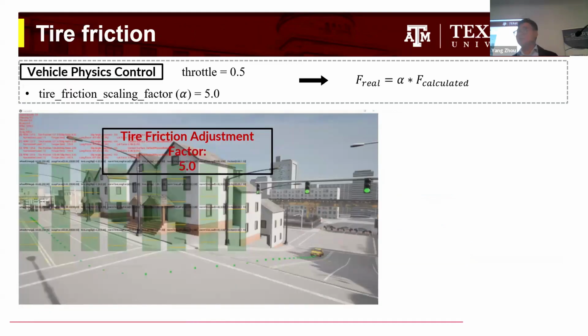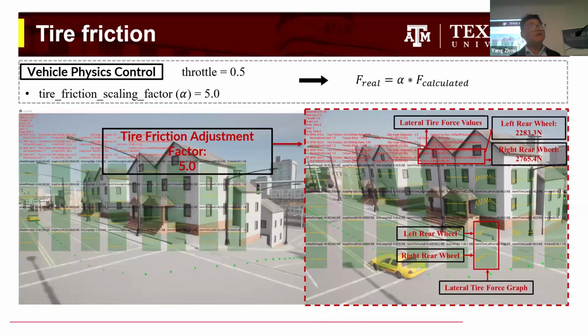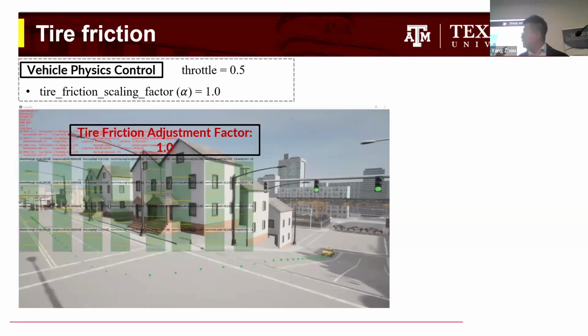So here, I will provide some very simple demos. The first case is that the tire friction is enough. And with NVIDIA PhysX, you can even get the tire force as well as the wheel information in real time. Another example is that the friction is not enough, for example snowy or rainy conditions.